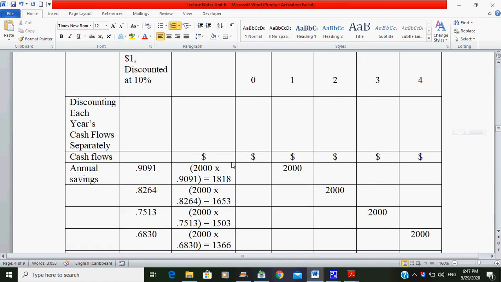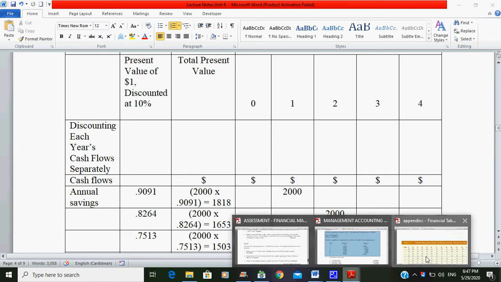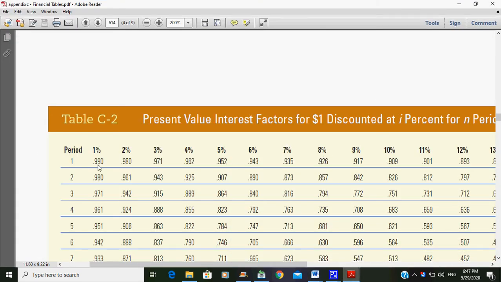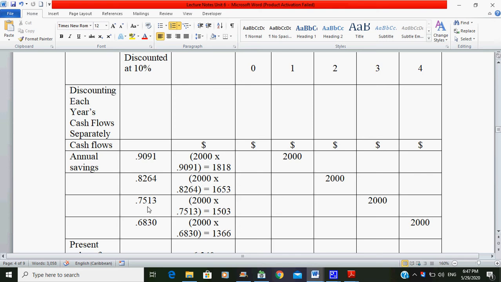Then for your present value of $1 discounted at 10%, you go and find the percentage and the period. So you'd go to your present value table, 10%, 1 year, 0.909. You multiply that 0.909 by 2000, you get what? 1818. You do the same thing for period 2, 3, and 4.